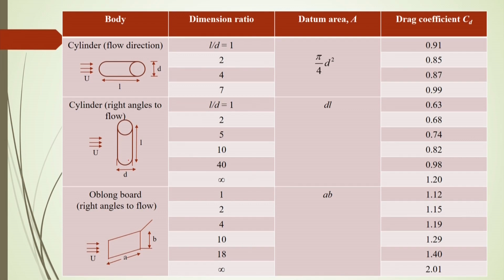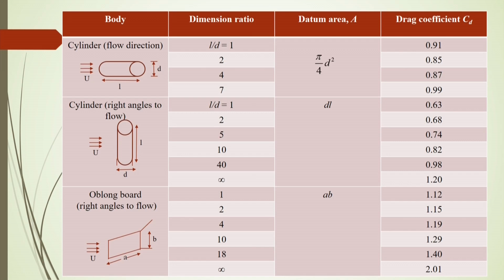And for the cylinder in this case at right angles to the flow, the cylinder is oriented at right angles to the flow. In that case you will see that if L by D is considered 1, then the area should be equal to D L, and if L by D is 2, then again the projected area will be the same.